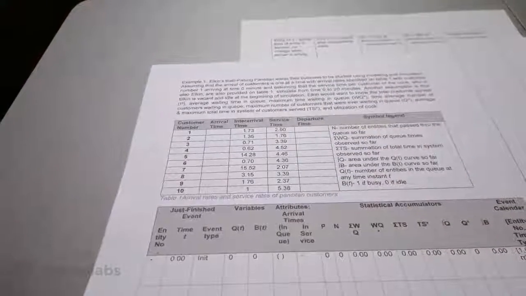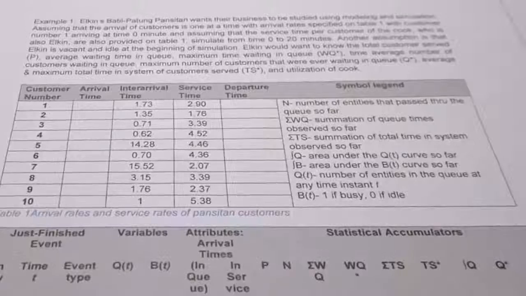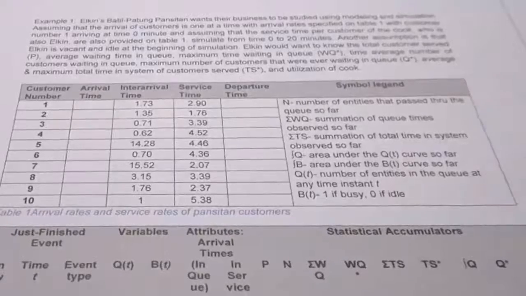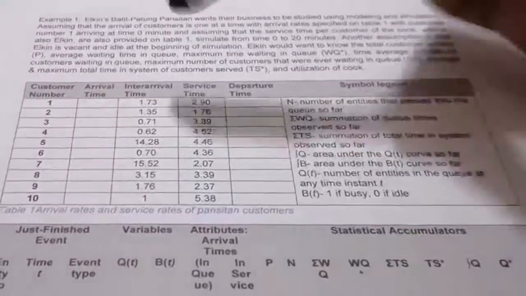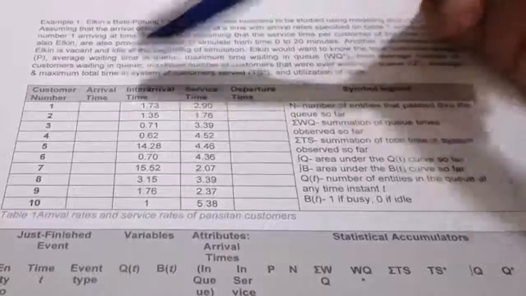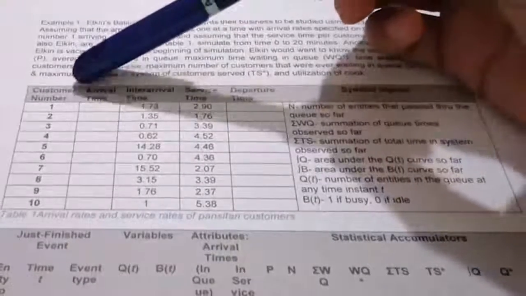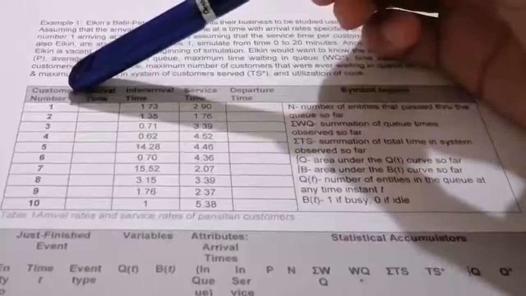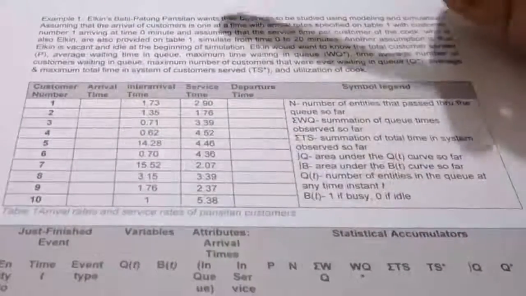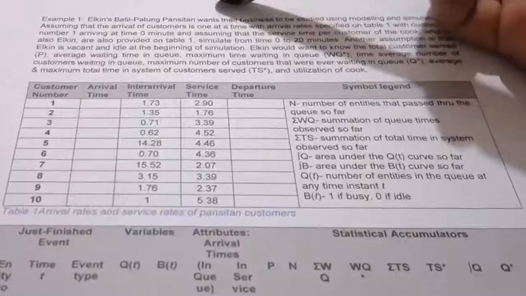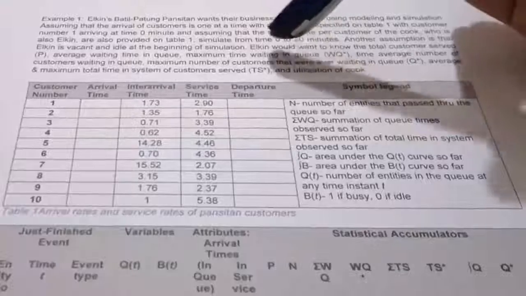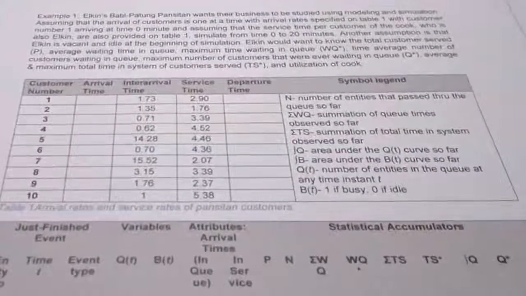So inter-arrival time is the difference of the arrival times between two customers. So inter-arrival time is based on the arrival time of our customers 1 and 2, for example, in this case. So based on the situation, the arrival of the first customer is at time 0.